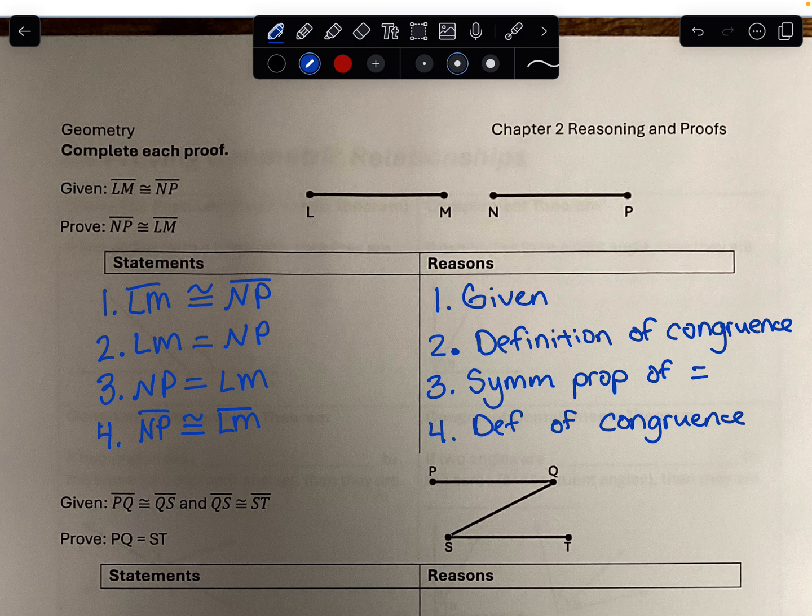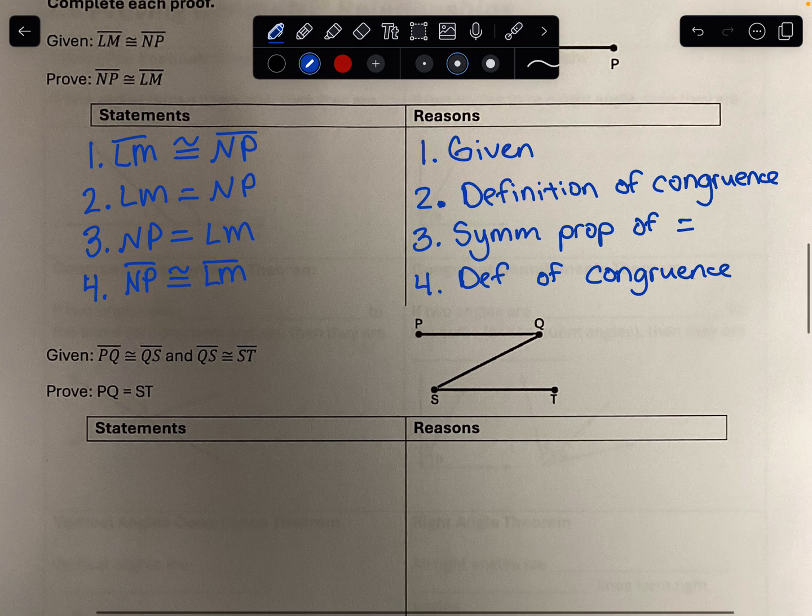Okay, so really, like I said, we're going to be using some of those definitions, some of those postulates to kind of just walk us through these proofs that prove these two things are the same. Okay? Yes? Questions on this one? All right, number 2.